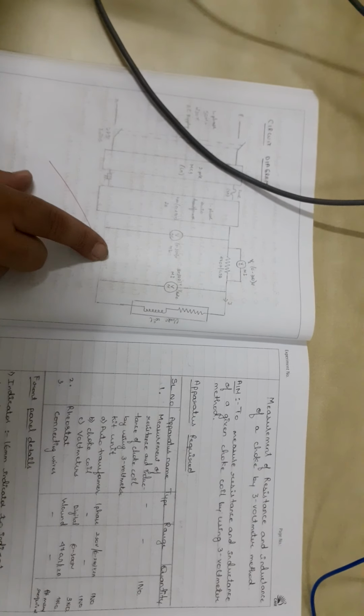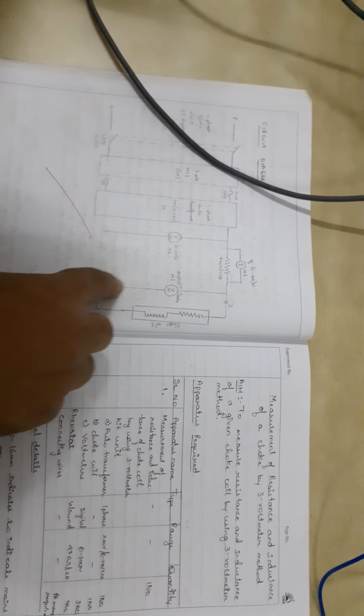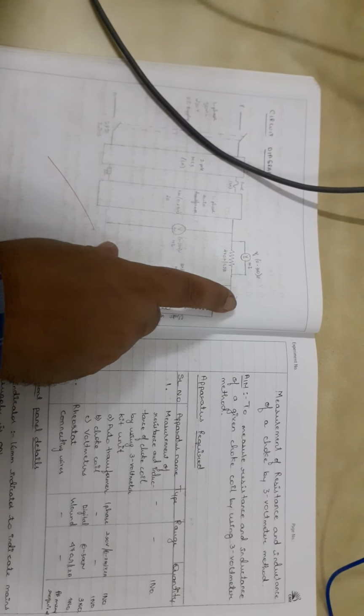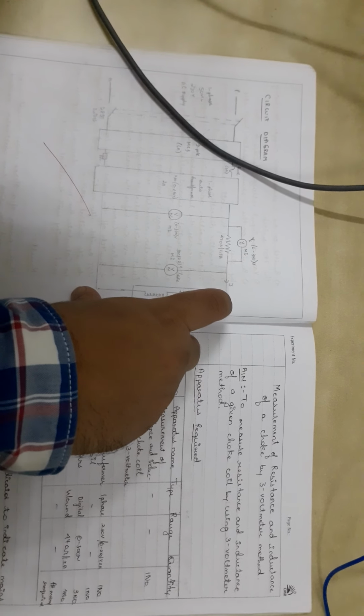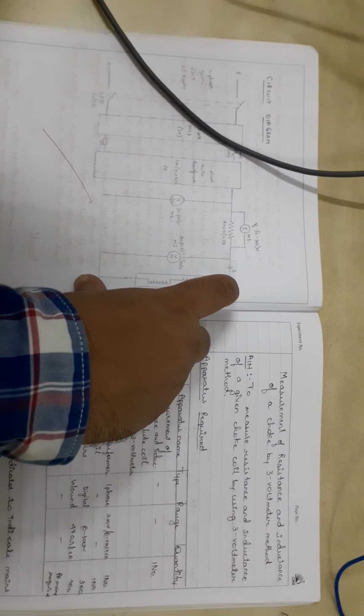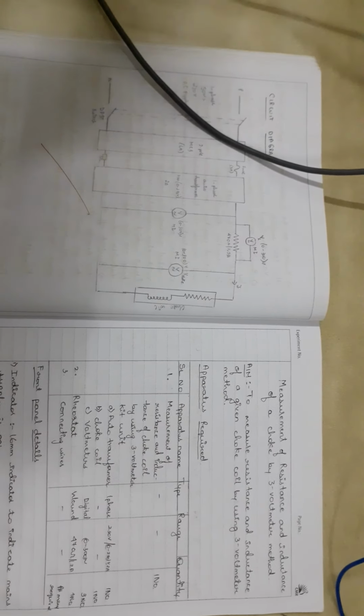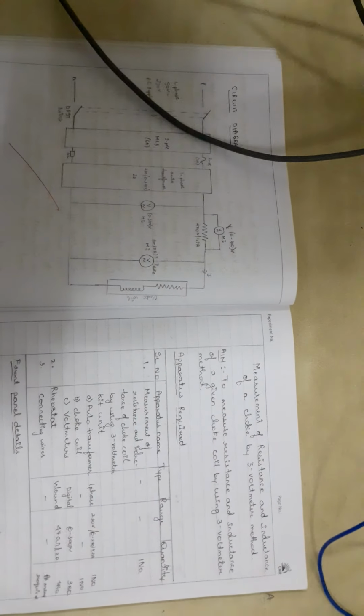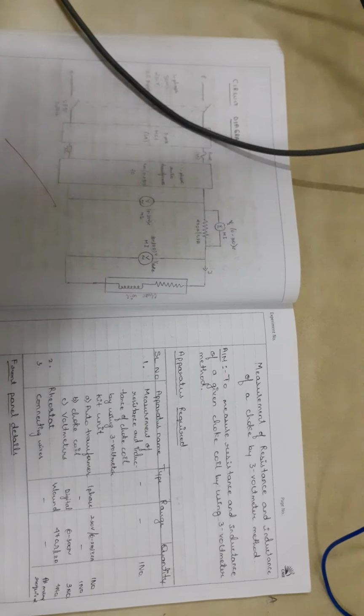We have made a little mistake over here, so we will see what the mistake is. Across the choke coil, one end is connected to the phase and the other is connected to the neutral. Let's see why it's not working.